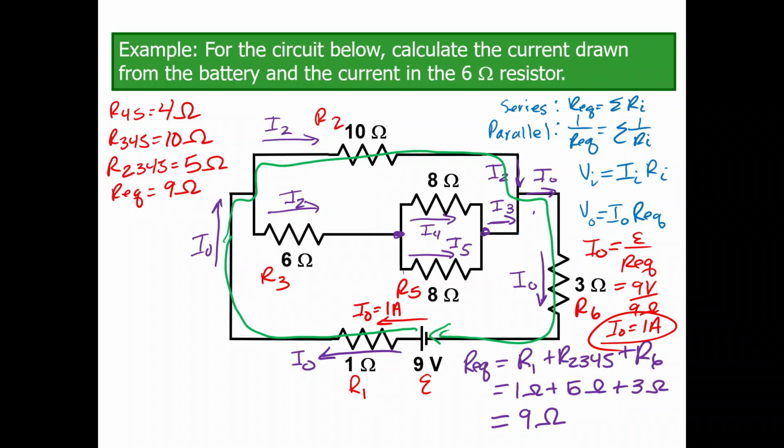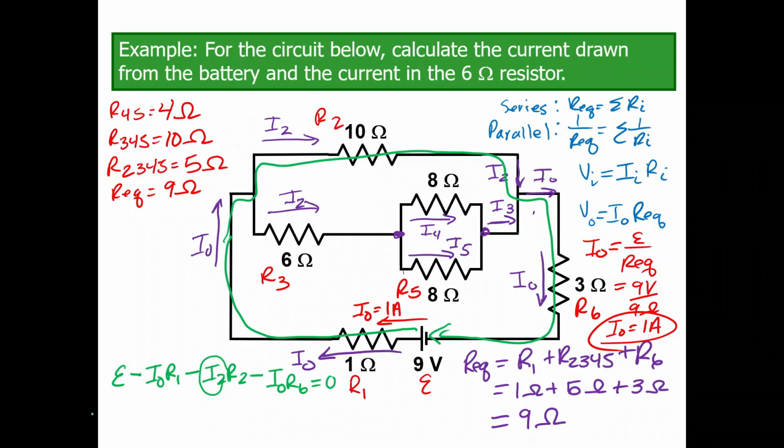And if I was to write out that loop rule, I would have E minus I0R1 minus I2R2 minus I0R6 has to equal 0, because those are the components that I have to pass through in that loop. The reason I did this is because I know everything in that equation except for I2.